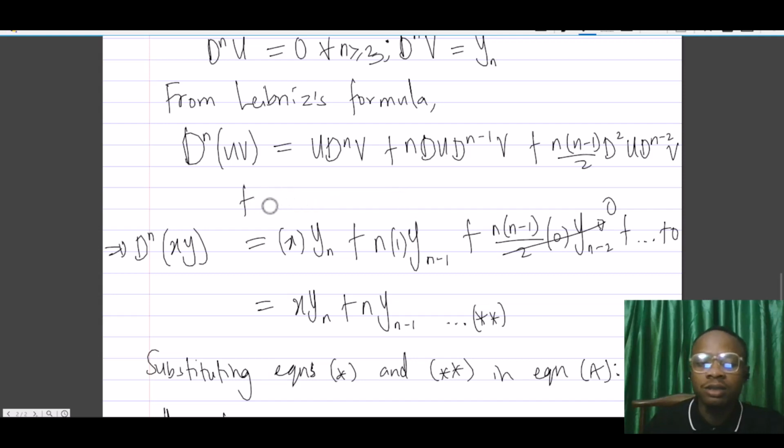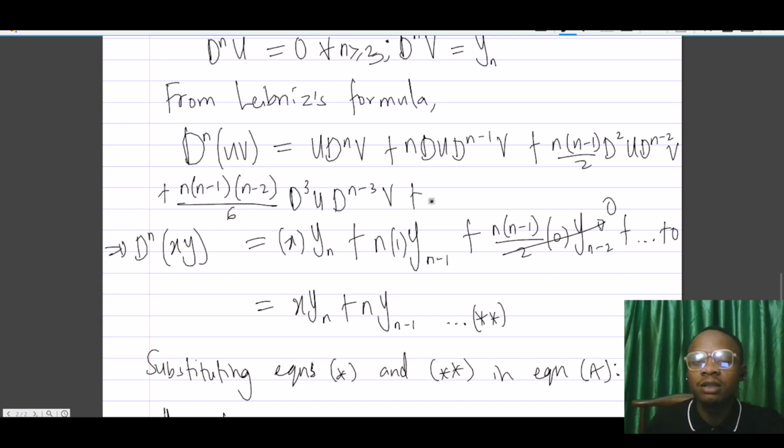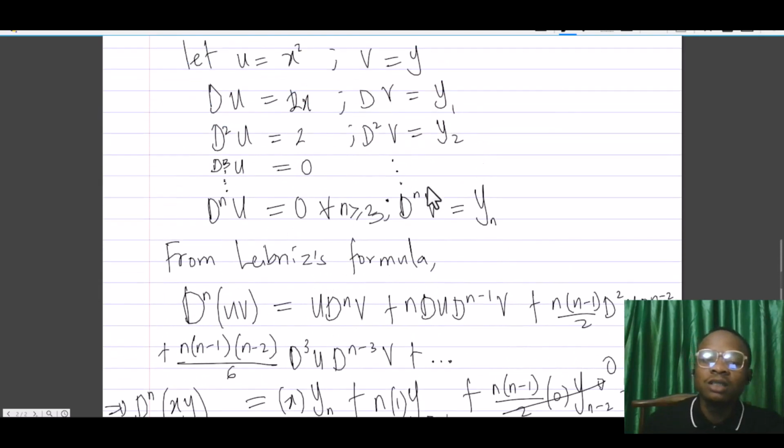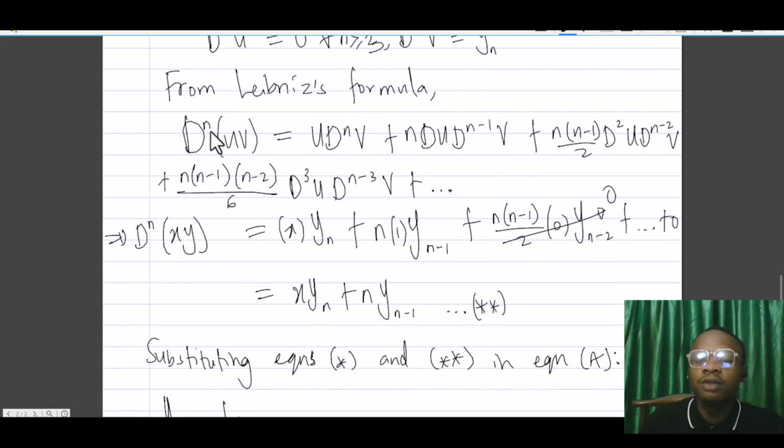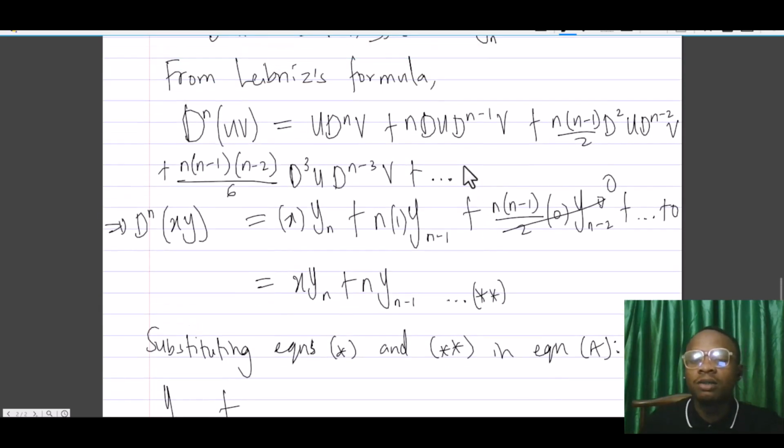Let's write out the third term here. You know the third term here is meant to be n into n minus 1 into n minus 2, divided by 6, then multiplied by the third derivative of u, times y sub n minus 3, and it continues like that. We're doing that now because we know that it is until the third derivative that this becomes 0. So we know it becomes 0 from this point forward. And so we can correct this as well.